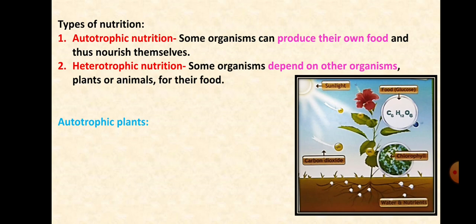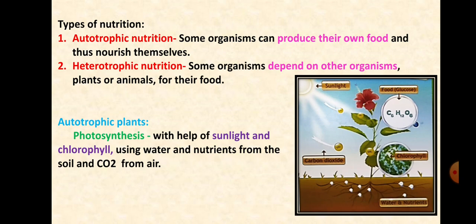Yes? Okay. So the carbon dioxide that is present in the atmosphere, in the air, the plants take that. And in the presence of sunlight and chlorophyll in the leaves, simultaneously using the water and the nutrients from the soil, they prepare their own food.